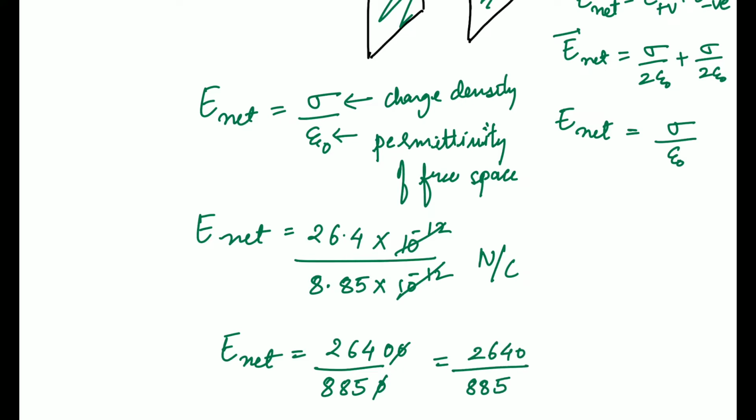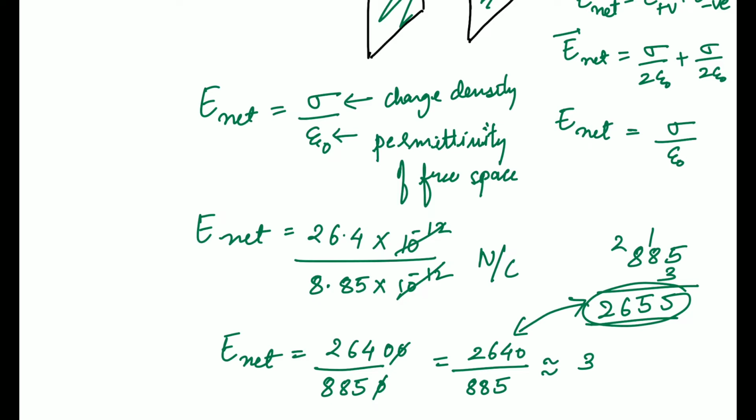When you divide it, you will approximately get 3, because 885 goes in 3 times, it will actually be 2.9 something. So this is 3 Newton per Coulomb.